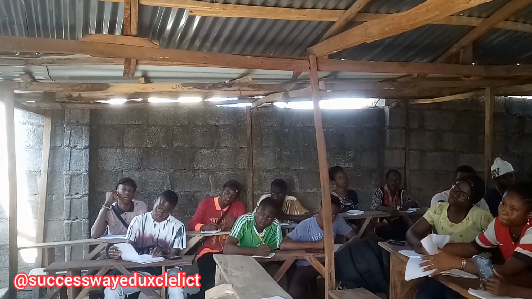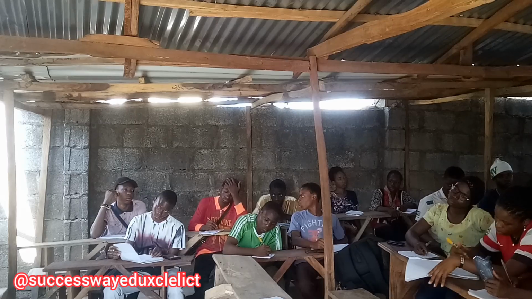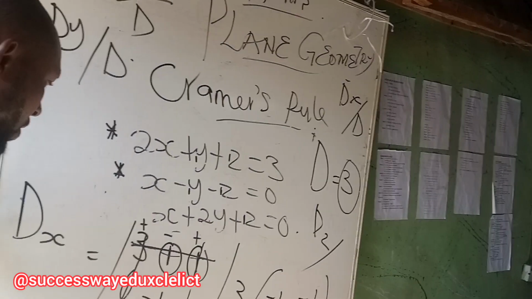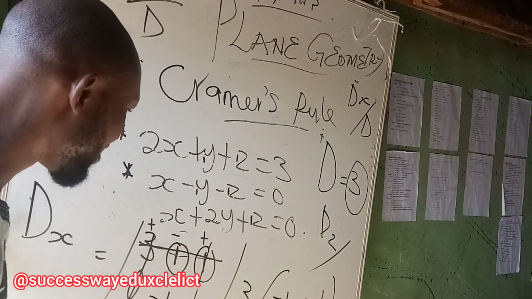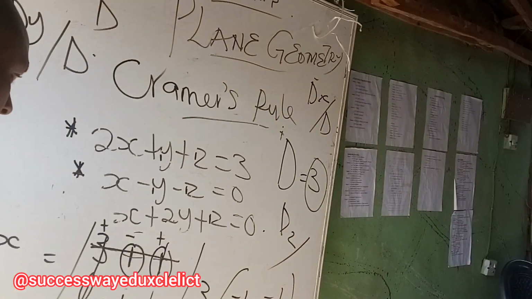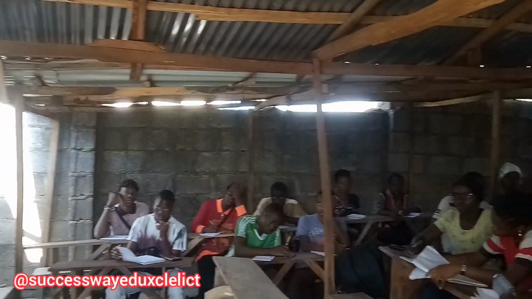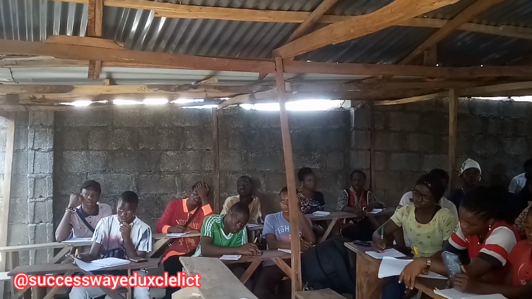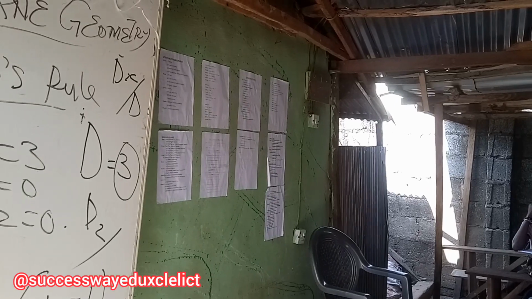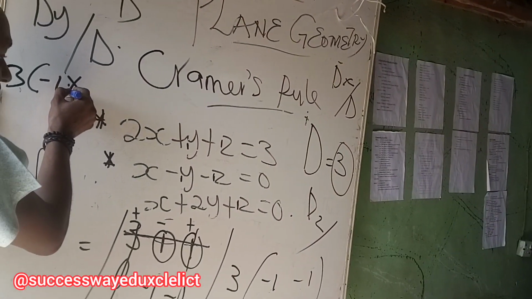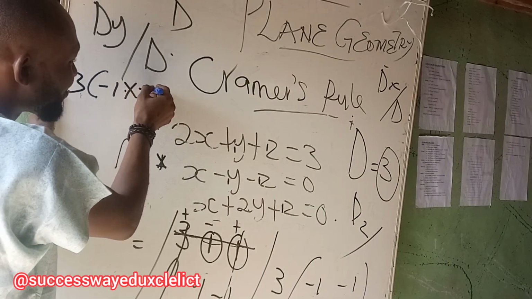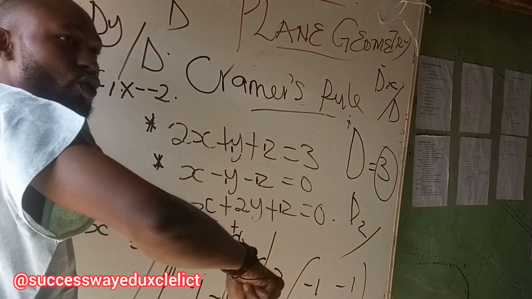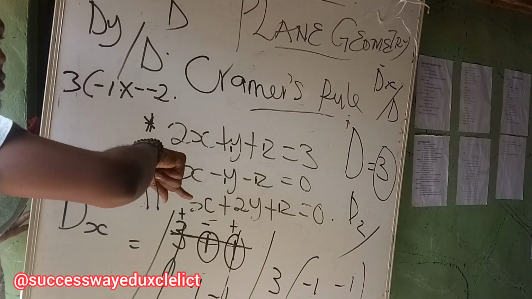Okay, let's start like this. For your first minor, the second two are 0, so you only solve for the first figure. When you try to solve the second and third figures, they are 0. So we are only working with this here. It's going to be 3 into -1 times -2, minus, then -1 times 2 gives you -2.